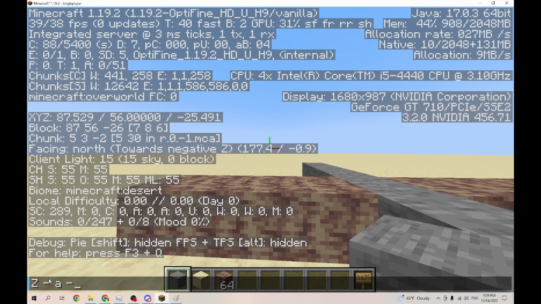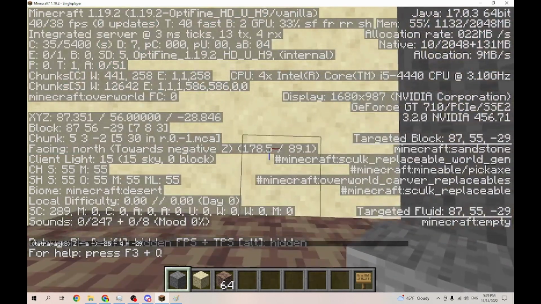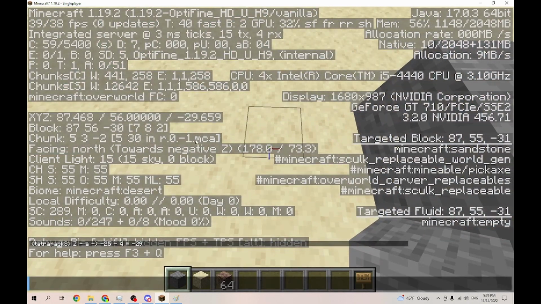So in our case, this is going to be minus 25 minus 4. We want to move 4 blocks, and minus 25 minus 4 is minus 29. So if I move 4 blocks in this direction, I should be at Z minus 29. Let's try this. 1, 2, 3, 4, minus 29.